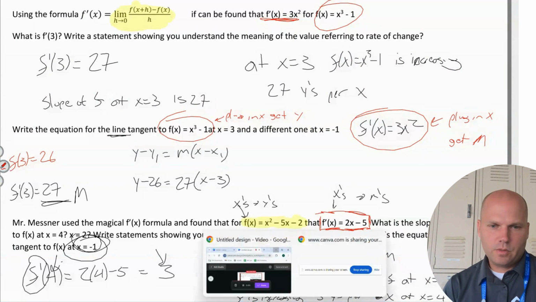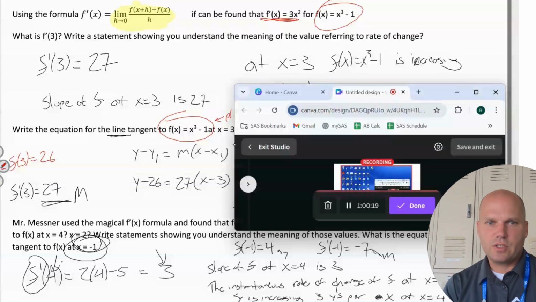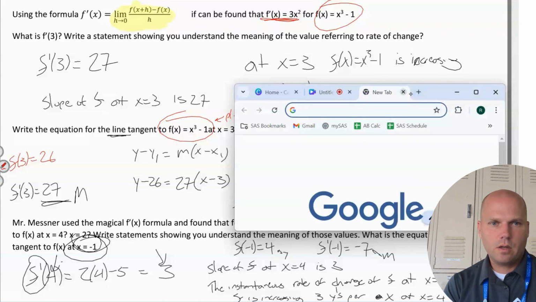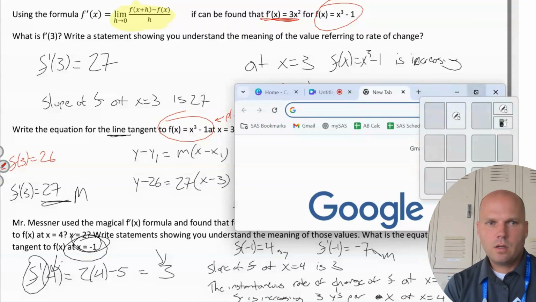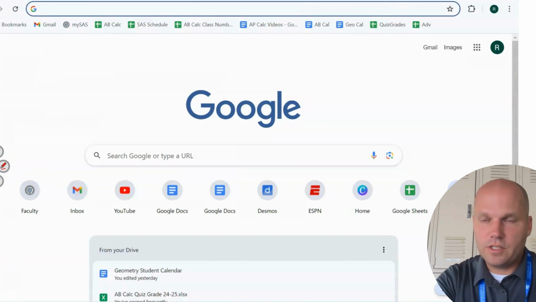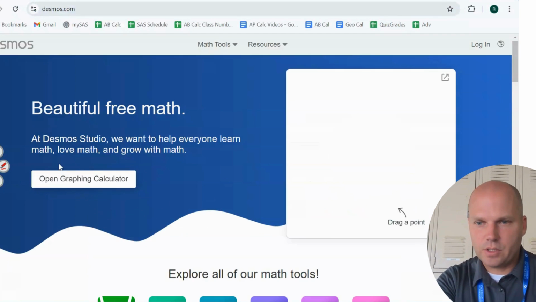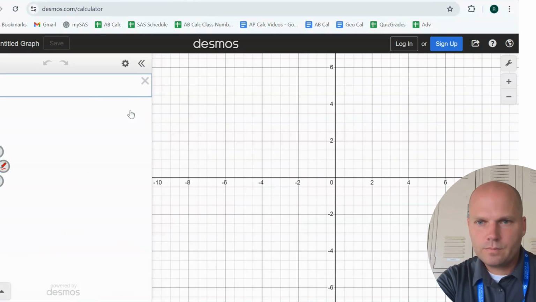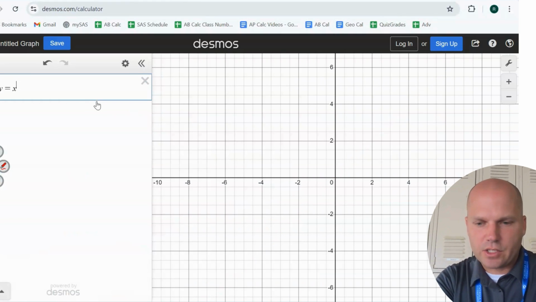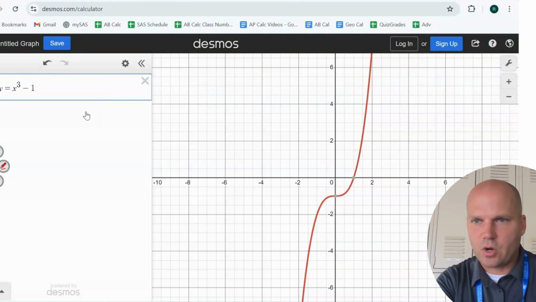Part of calculus that's great is being able to see your handiwork. Desmos is literally going to break this computer, but let's see. Y equals x cubed minus 1 is the equation.